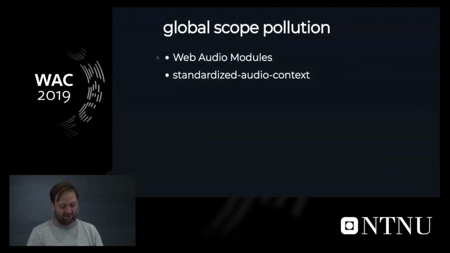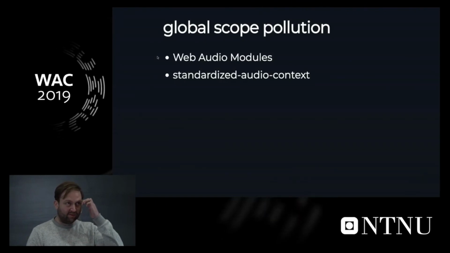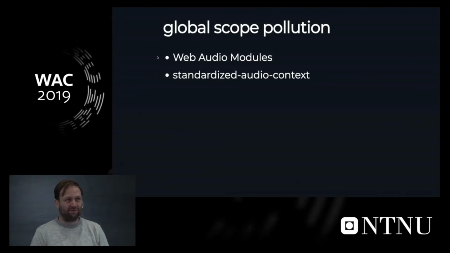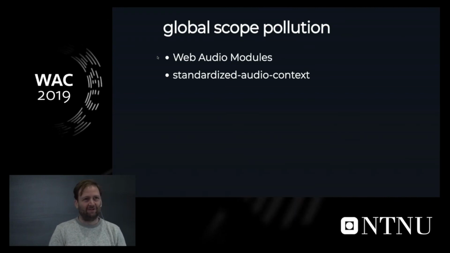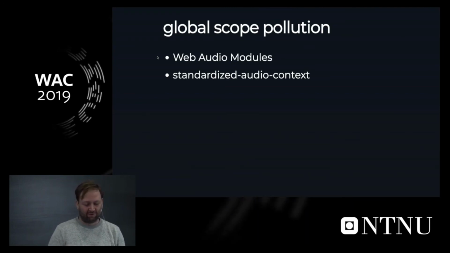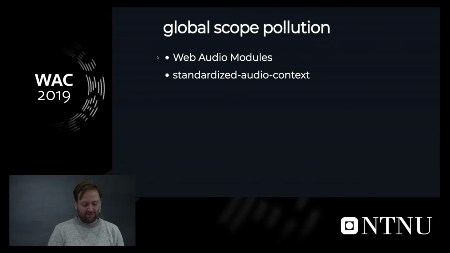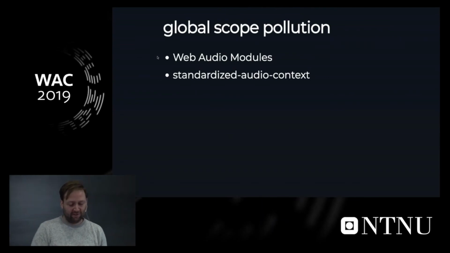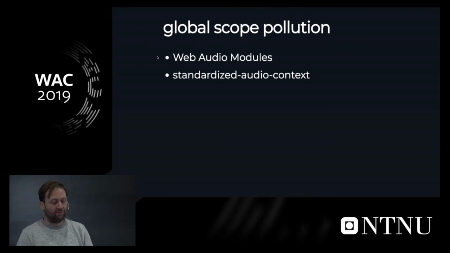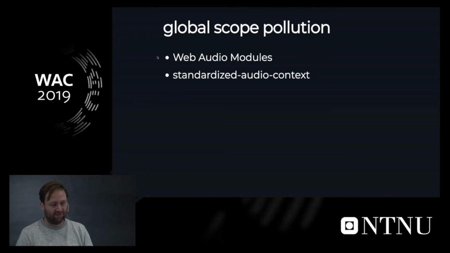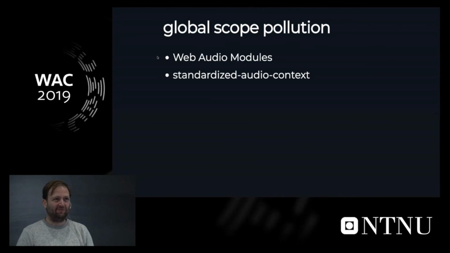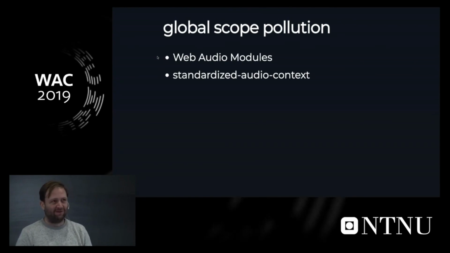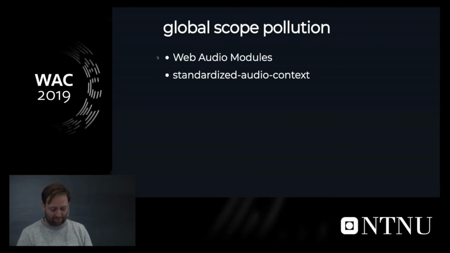And if you build something which other people should use, it's the opposite use case: you should avoid writing to the global scope or modifying the global scope. The only two polyfills that don't do it are the web audio modules one and standardized audio context. So depending on your use case, you can probably rule out some of them, and then you end up with the one that fits best for your use case.